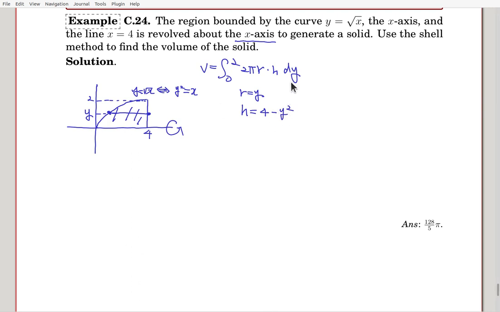So we found everything. The volume is the integral from 0 to 2 of 2 pi y times (4 minus y squared) dy. If you evaluate this, you'll get the answer. You can finish it yourself.